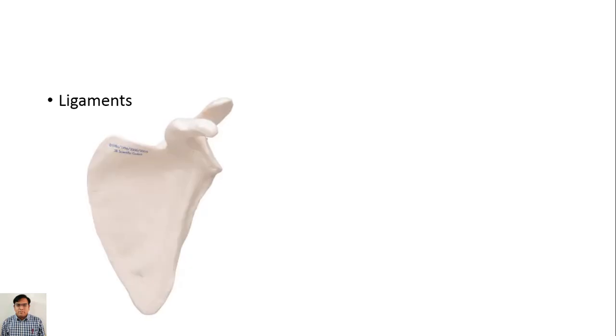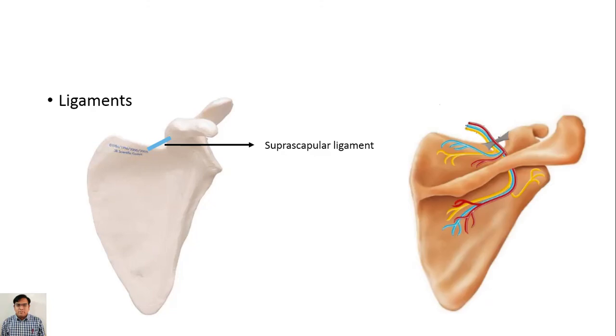Now the ligaments. Just above the suprascapular notch there is attachment of the suprascapular ligament, and this suprascapular ligament converts the suprascapular notch into the suprascapular foramen, which gives passage to the suprascapular nerve, and the artery is above this or outside this foramen, as shown in this photograph.